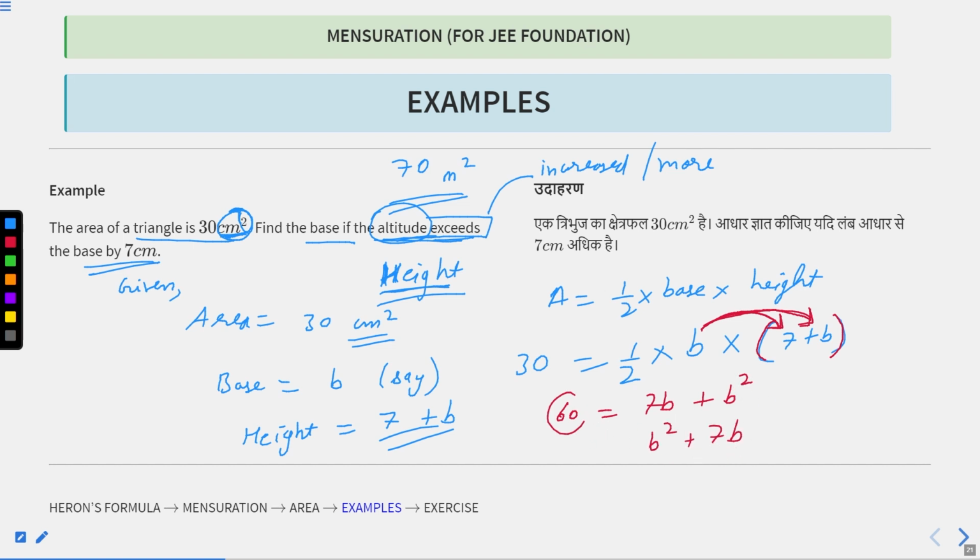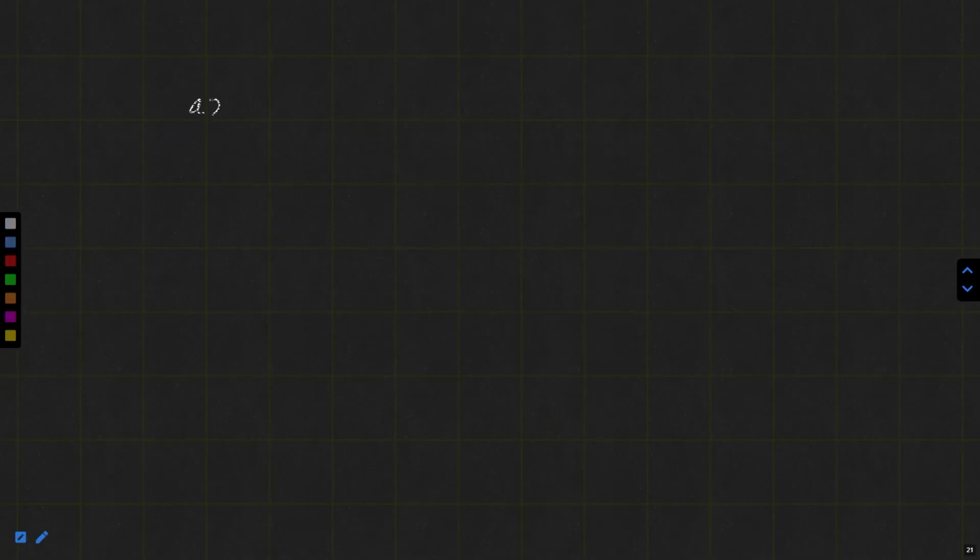Now I am taking the left hand number, the 60, to the right hand side. It is positive here, but if I transfer it to the right side it becomes negative, and the whole thing becomes equal to 0. Now if you see equations like this, ax square plus bx plus c equals 0, and you have to find the value of x, please recall, or let me write, this formula so that you can easily find the answer for x.